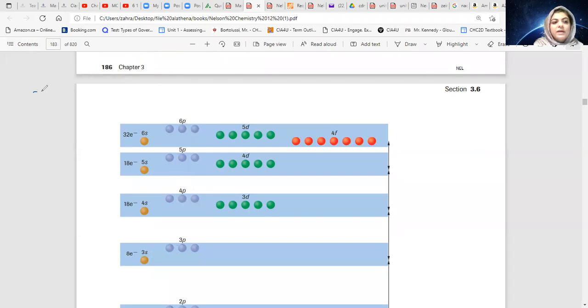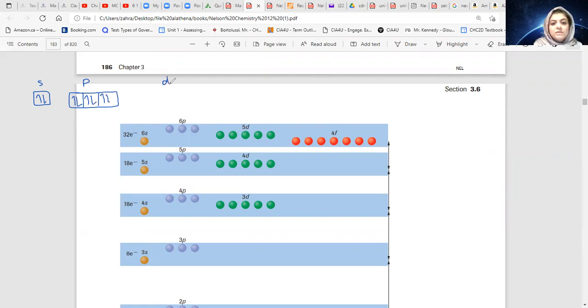Keep in mind, for S orbital, you just have one box. It can occupy just 2 electrons. One is spin up, one is spin down. For P orbital, the maximum, you have 3 boxes. In each box, you can have 2 electrons, one spin up, one spin down.